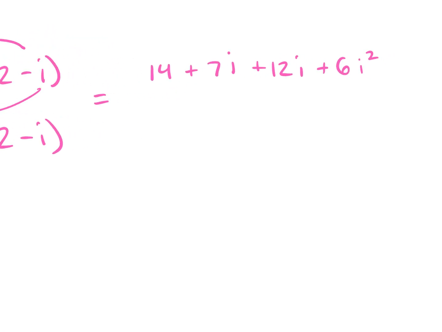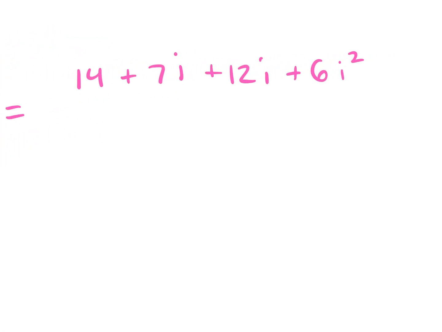What should we do next? Let's simplify the top. How could we simplify? We could add the i's together. 7i plus 12i would be 19i. What else could we do? Change the i squared to negative 1. So negative 1 times 6 is negative 6.